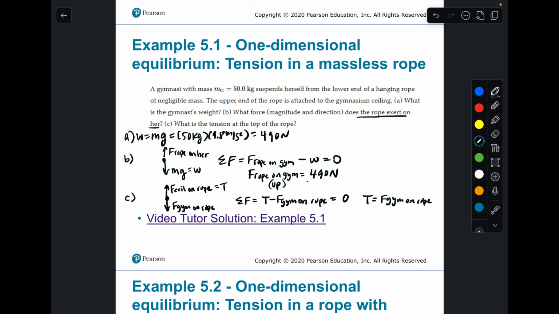And what is that? We already found out what the action-reaction pair was, right? The force of the rope on the gymnast was 490. So we know the magnitude of the tension is also 490. And the direction is up.